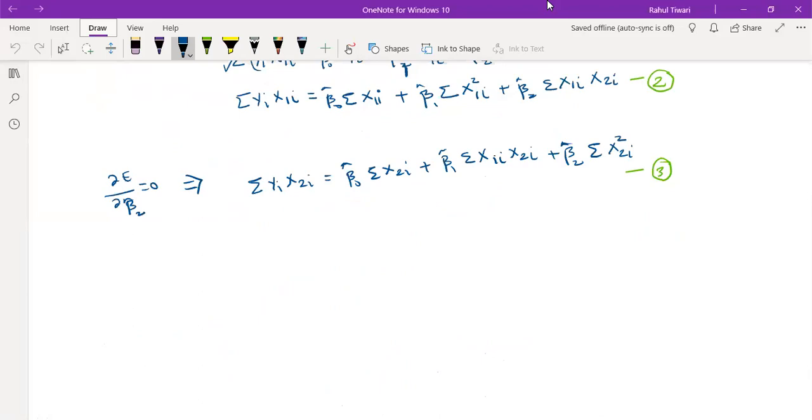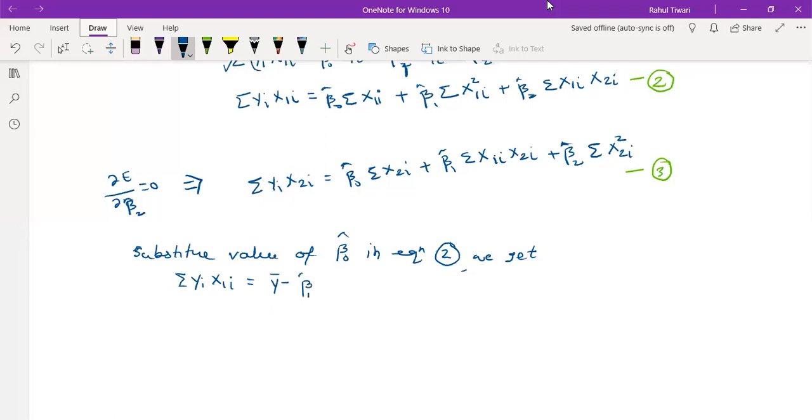So substitute the value of beta naught hat in equation 2, and we get summation yi x1i is equal to, and here we have to replace beta naught by its value, which is y bar minus beta 1 hat x1 bar minus beta 2 hat x2 bar in the bracket, and we have this summation as it is.